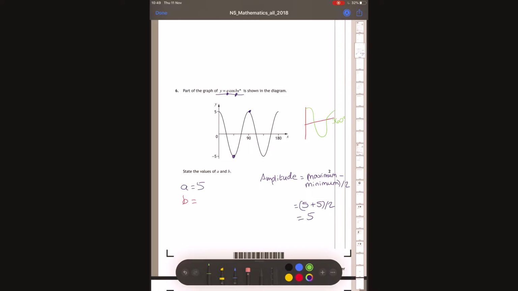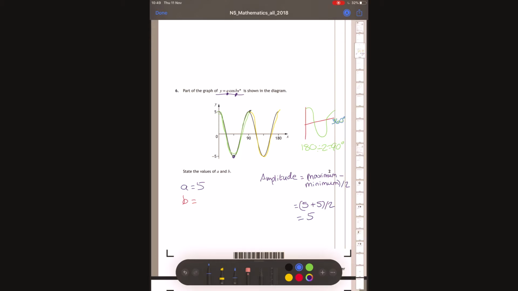But oh look, we have multiple, you can think of them as miniature cosine graphs. We have 2 of them within 180 degrees. So you would do 180 divided by 2, which is 90 degrees. So each of these cosine graphs takes 90 degrees, not the normal 360.